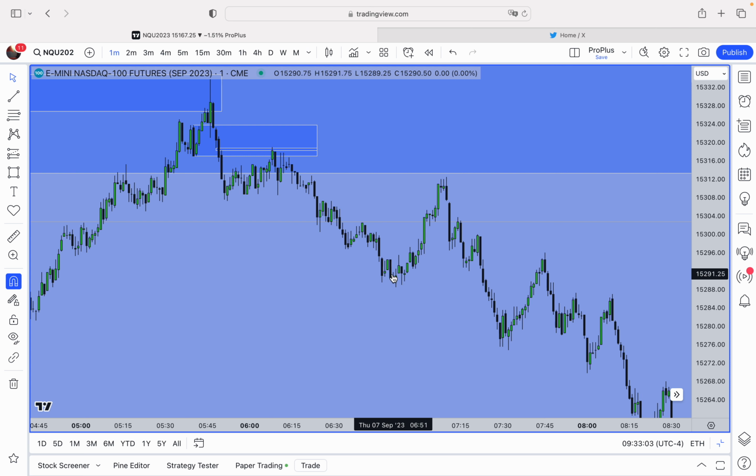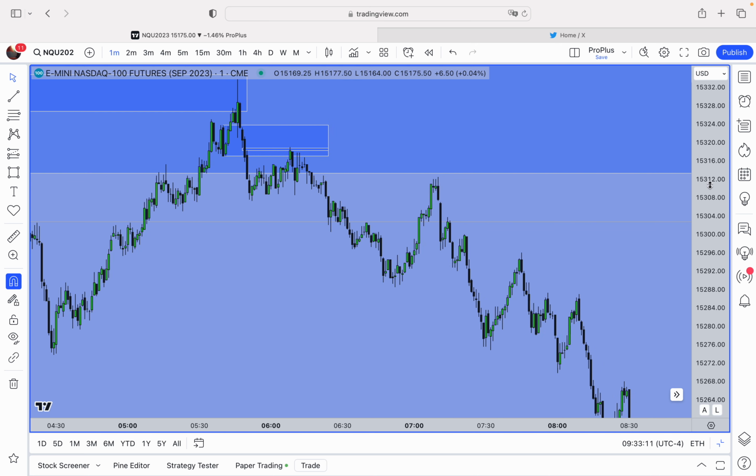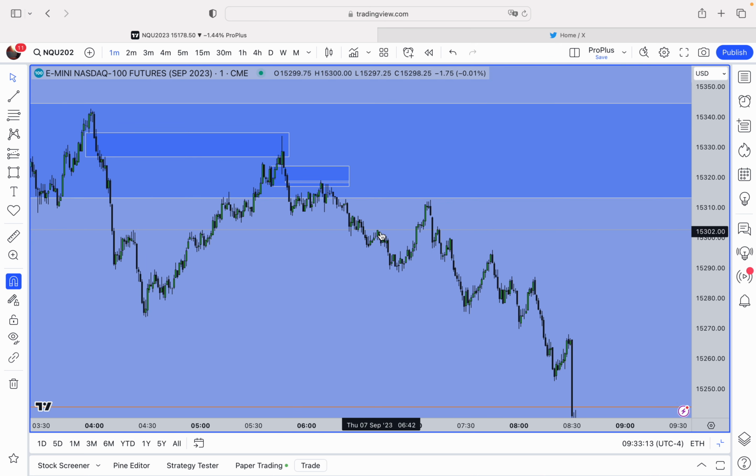So we're waiting for 7 AM. So 7 AM's here. We have manipulation, a run to the downside, to the upside, sorry, runs higher, takes out buy side. So low, high, low. What's this there? Bearish breaker.